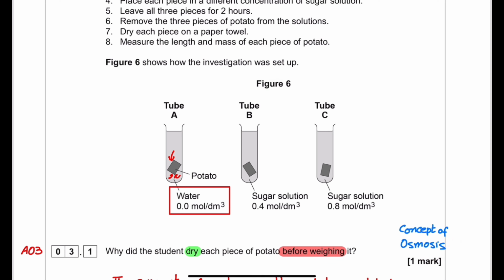The reason behind it is, after the experiment, the student needs to dry all of these, which is given here, point number 7. Dry each piece on a paper towel. If these potato pieces or cylinders are wet, they will increase the mass of the potato.